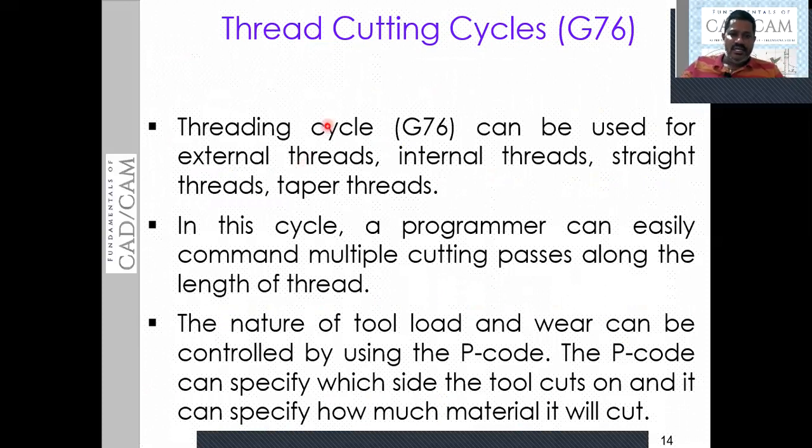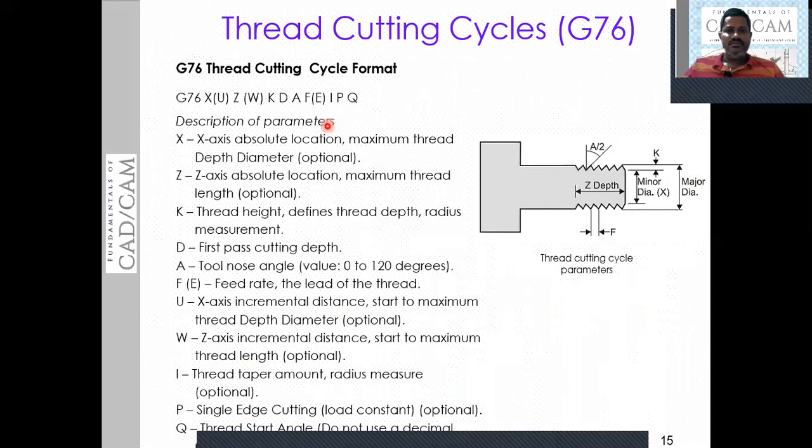So this thread cutting operation we will discuss along with the figure, so that you can see here. This is exactly the format of the thread cutting cycle, G76. The G code used to perform thread cutting is G76. Now you can see G76, this is exactly the syntax of the thread cutting cycle.